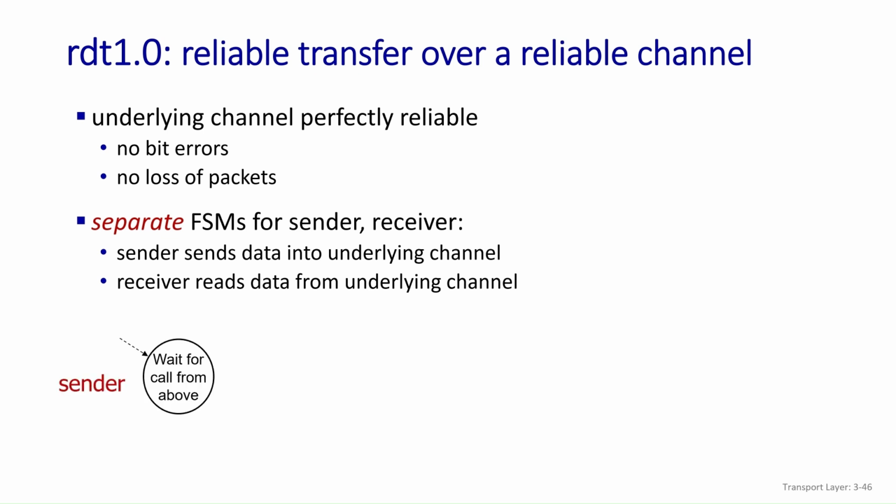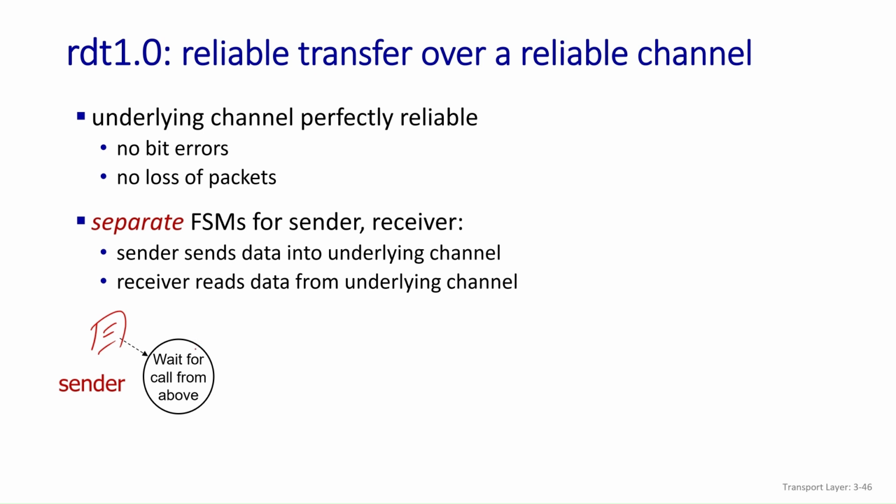For example, at the sender, I have a state which says wait for call from above. The state is wait for call from above, meaning when an application process has to send something, it will forward the data to the transport layer using rdt_send.